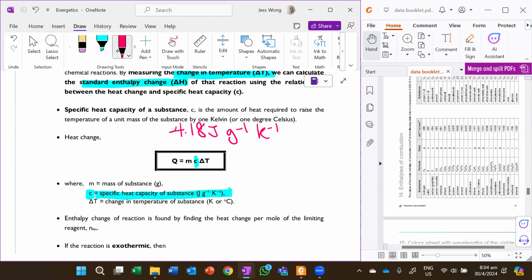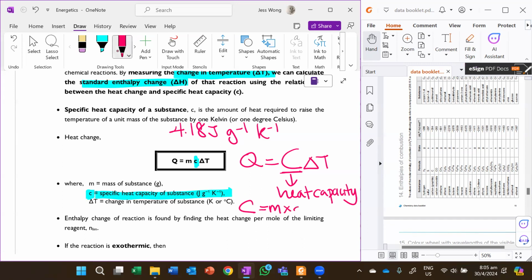Sometimes along the way, you may see an equation like big C, capital C, delta T. Capital C is known as heat capacity, not specific heat capacity. And how do we get that? Capital C is equal to m times the specific heat capacity. By combining these two terms together, we call it heat capacity.